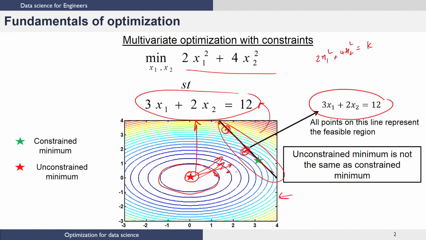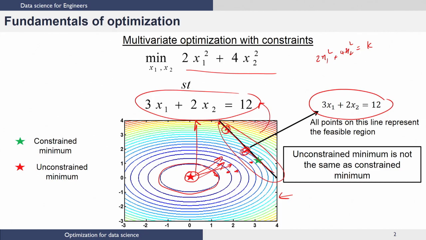So, I give some more, I come to this point, and I see a contour, and this point is worse than this because this contour is outside this contour. And if I extend this argument, let us say I keep making things worse, and the only reason I am making these worse is because I am forced to satisfy this equality constraint. So, I come up to, let us say, here, and this is still a contour which is much worse than my original solution, but it is still not enough for me to satisfy my constraint.